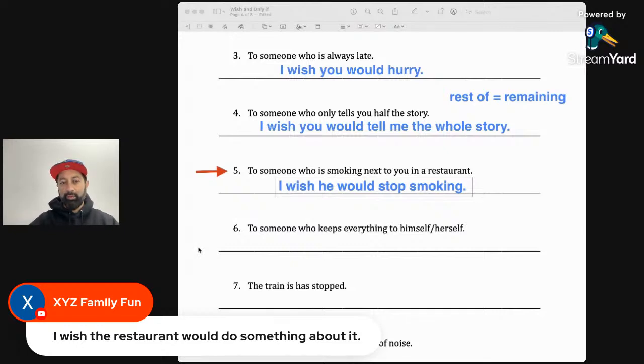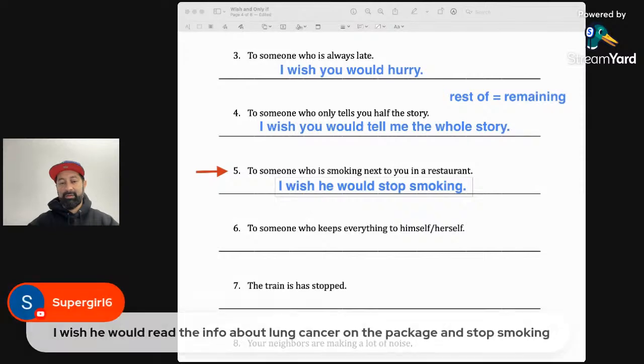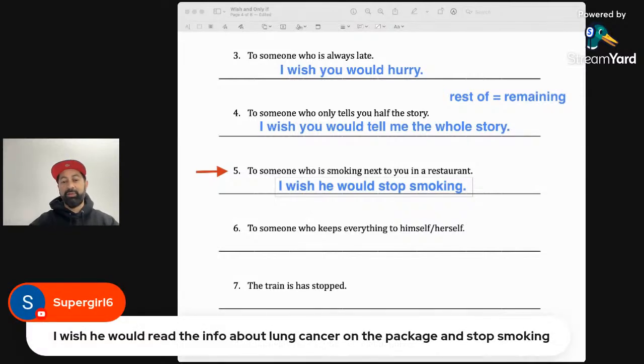And we're going to do one more using would, and then we're going to move into using just past tense and past perfect. All right, so Supergirl says, I wish he would read the info about lung cancer on the package and stop smoking.